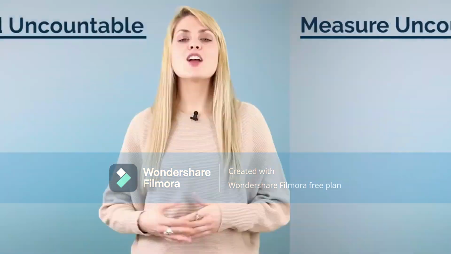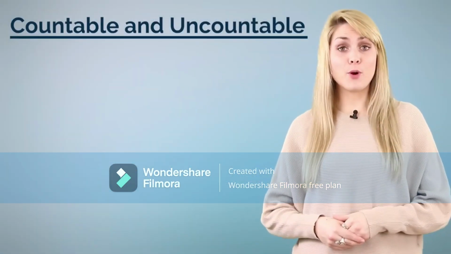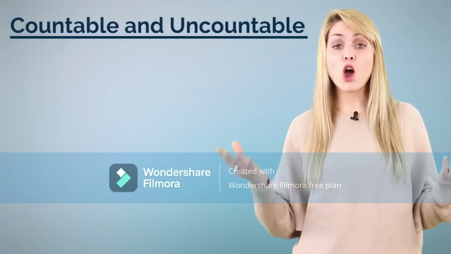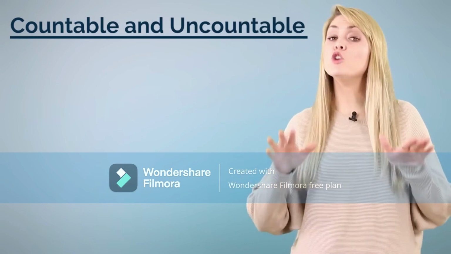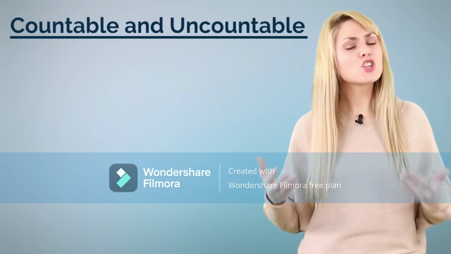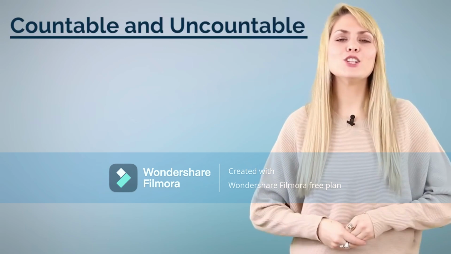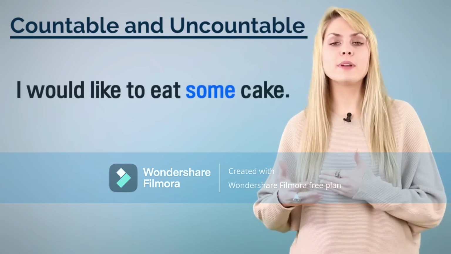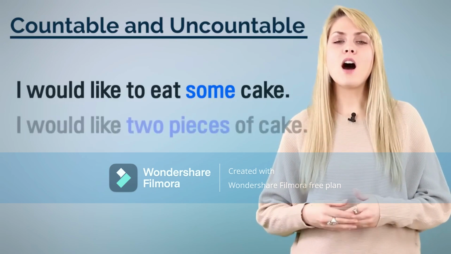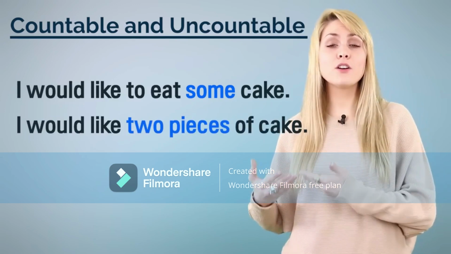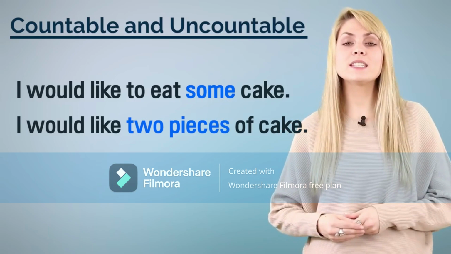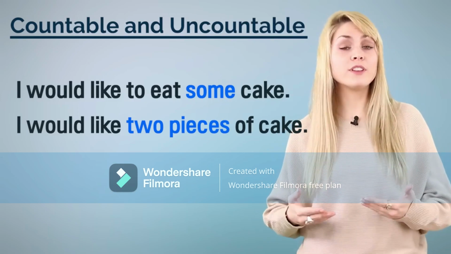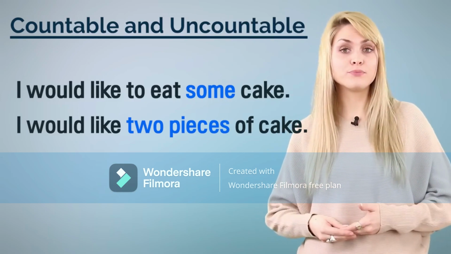Let's move on. Some words can be both countable and uncountable nouns. Now, not all of them, but some of them. Let's take a look. I would like to eat some cake. I would like 2 pieces of cake. So in these 2 sentences, cake is obviously an uncountable noun.